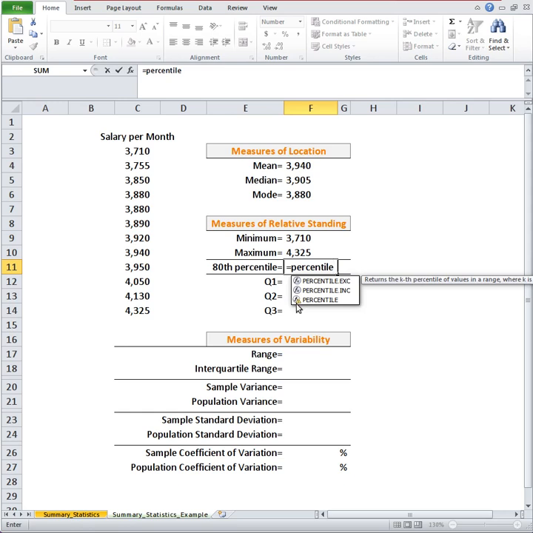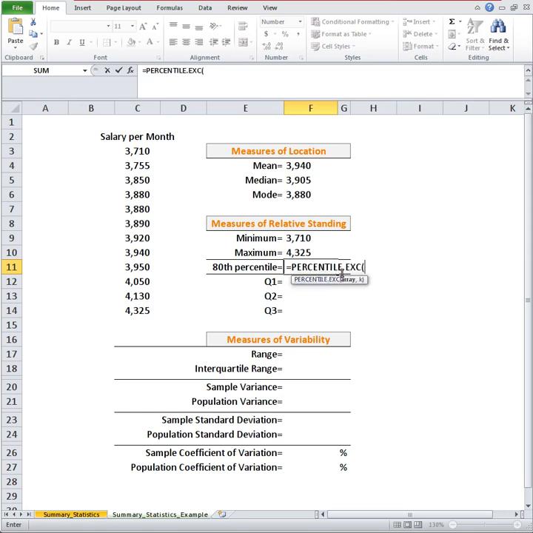That last one is one that was used before in the previous 2007 version of Excel, but the one that we're going to use is the one that excludes the lower and upper percentiles, meaning the 0 percentile and the 100 percentile.